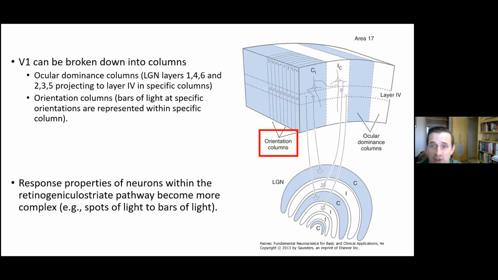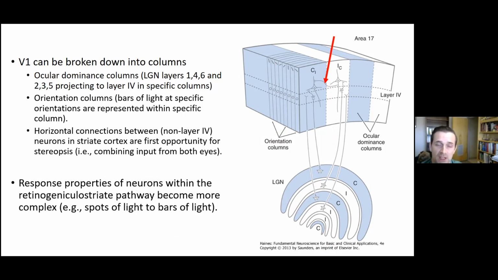Or we can project something as complex as a bar of light using these layers above layer 4, in the orientations as they're positioned by our orientation columns, depending on where we are detecting the object or light in the receptive field.